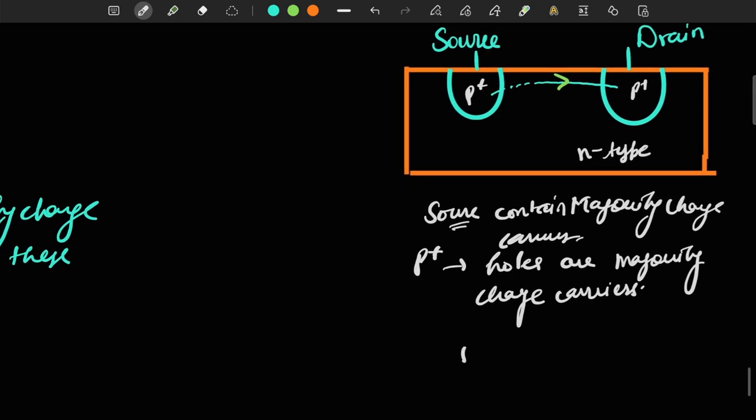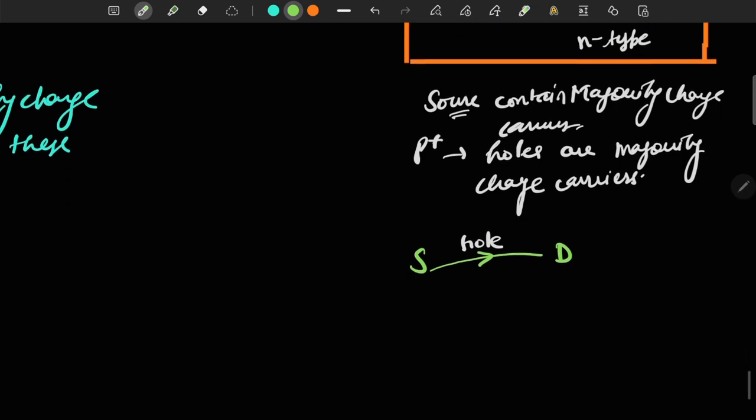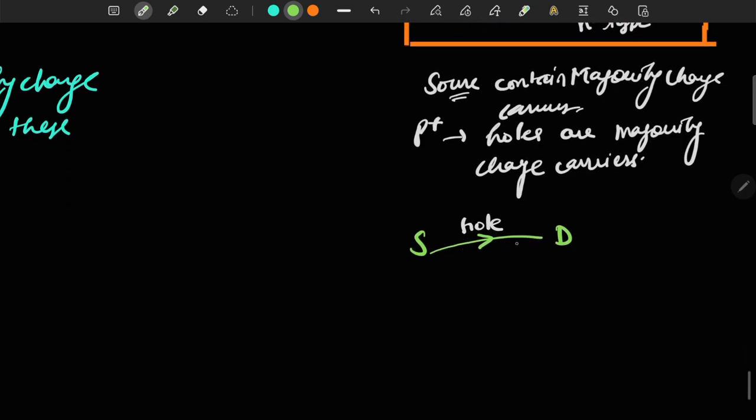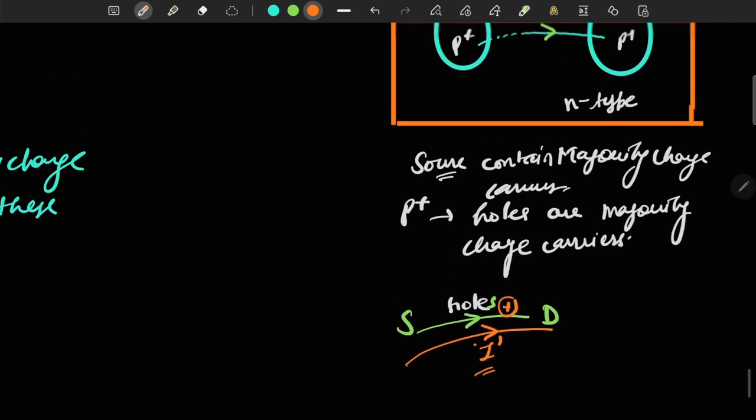So the direction of holes will be from source to drain. And if the hole's direction is from source to drain, then the current direction would also be in the same direction, because holes are considered to be positive in nature. So current direction would be from source to drain.